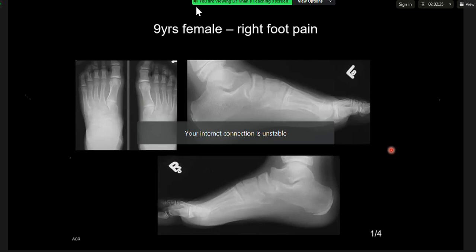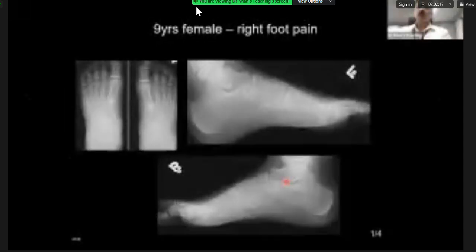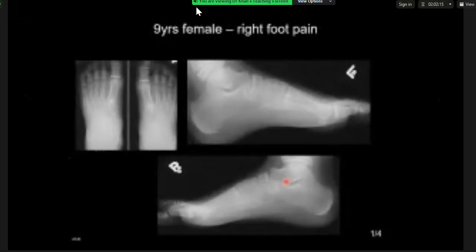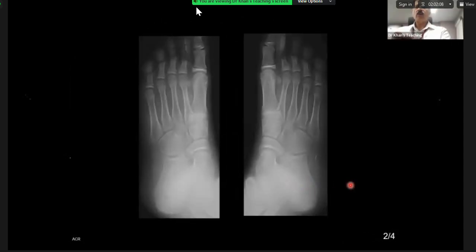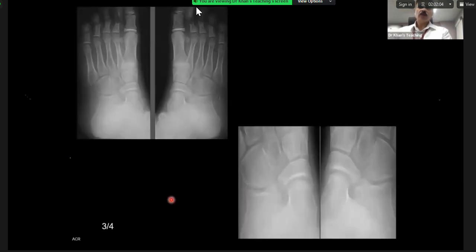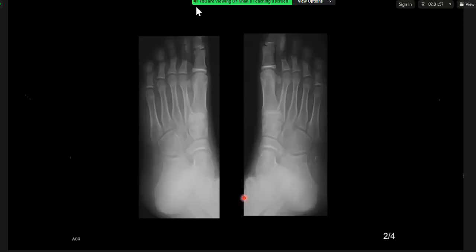Perhaps an oblique view. Sorry, which view? Would an oblique view help me? Oblique view. Okay, well done. So here you are. And I will also show you. This is your left. So here.